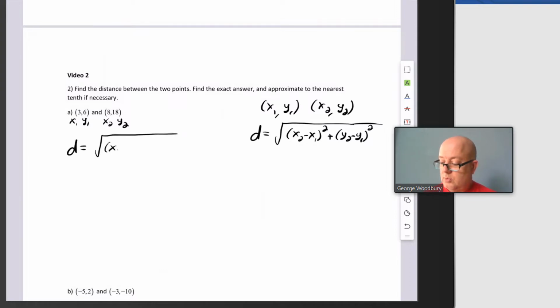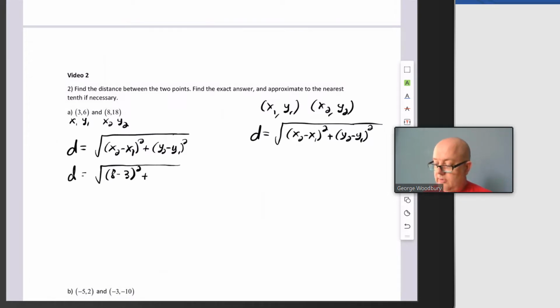Square root quantity of x2 minus x1 squared plus y2 minus y1 quantity squared. Then I can just substitute those values right in. x2 is 8 minus x1 is 3, and that's going to be squared, plus, in parentheses, y2 is 18 minus y1 is 6, and that's going to be squared.